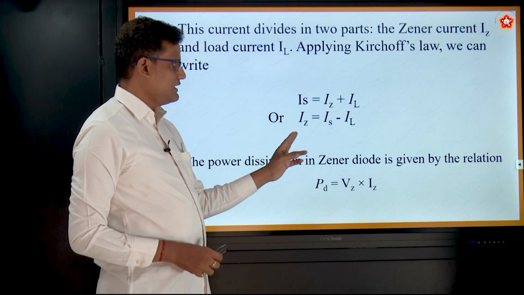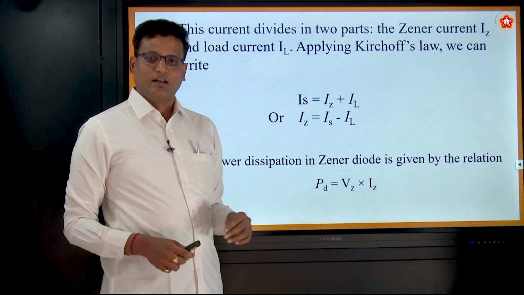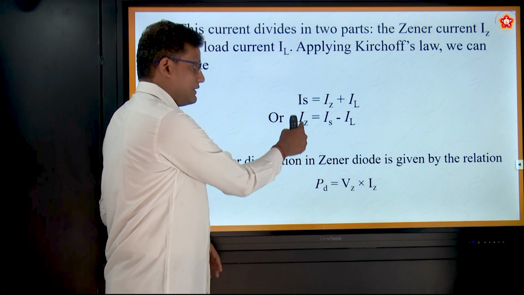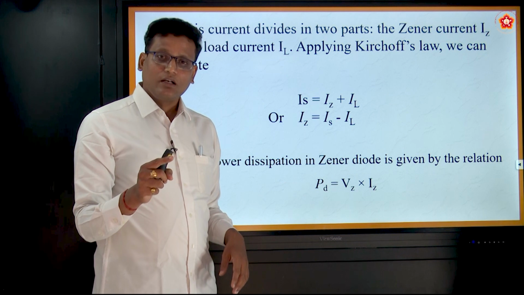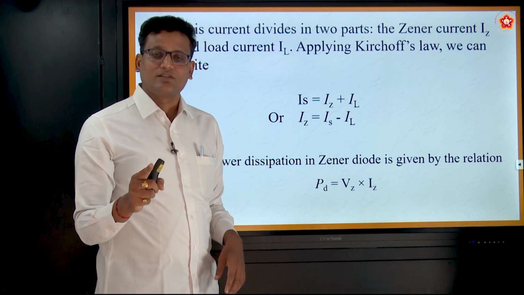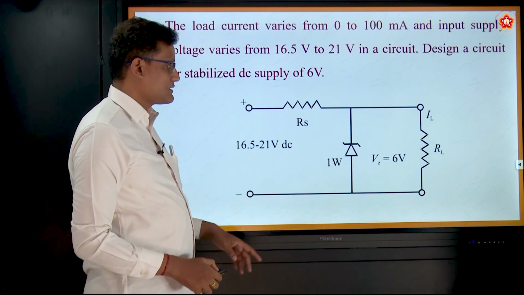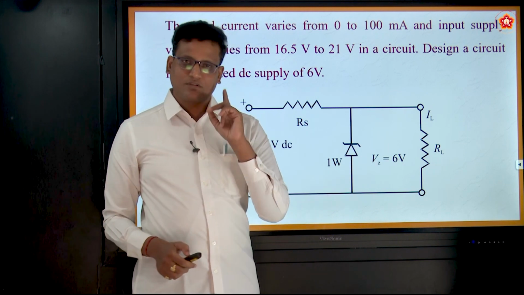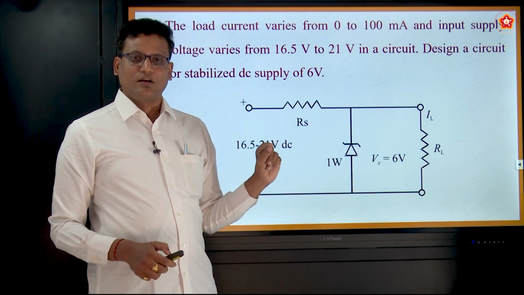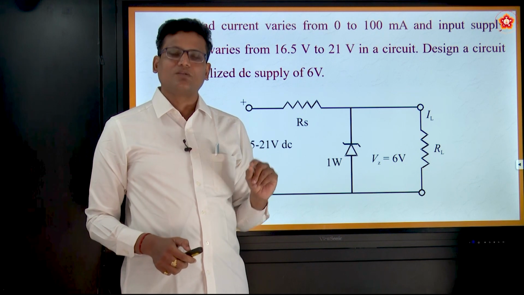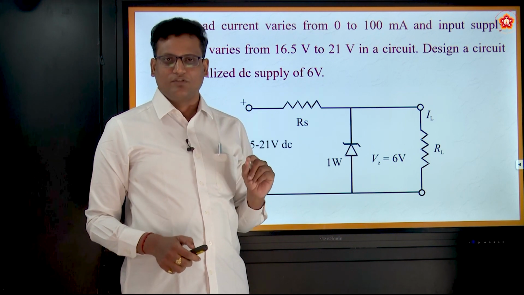Therefore IZ equals, mathematically, IS minus IL. The electric current across the Zener diode may change, but voltage remains always constant, just as I have shown in this picture at 6 volts. This ability is called voltage regulation. This is one of the wonderful applications of the Zener diode.